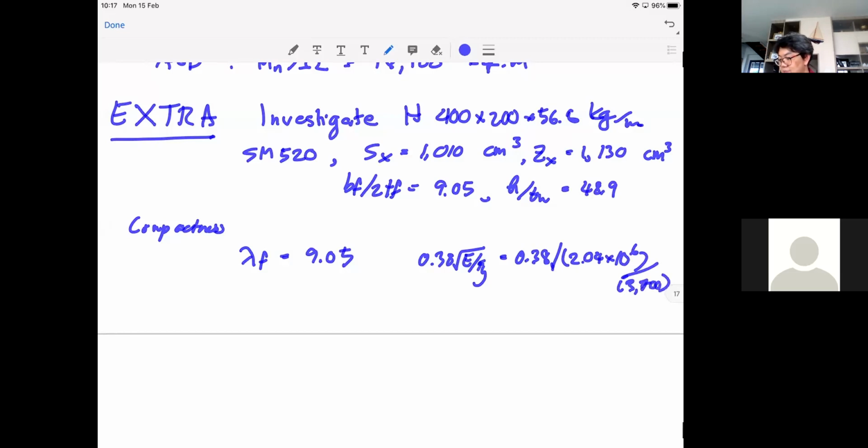Because I run out of space, let me increase the size of the square root to cover that. This is equal to 8.9. You see what happens? Now lambda F exceeds the lambda PF limit. Okay, that's for the flange.